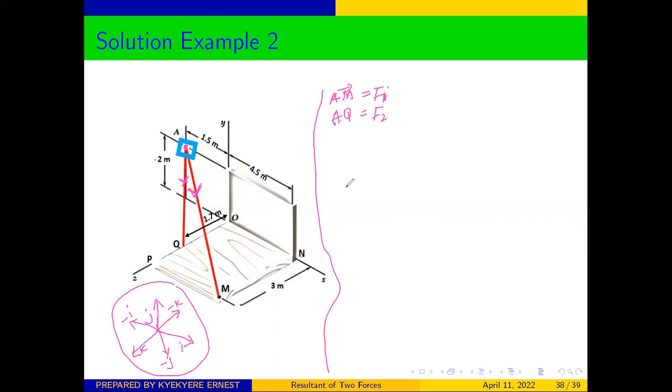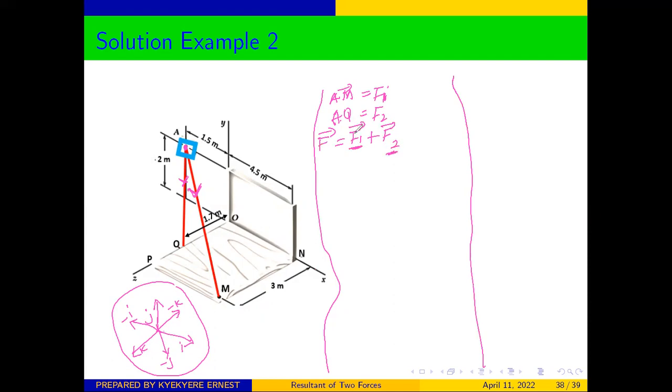So now, we are asked to determine the resultant force, and we know that the resultant force will be the vector form of F1 plus the vector form of F2. So it means that our first point of solving this problem is to determine this F1 in the vector form and F2 in the vector form.